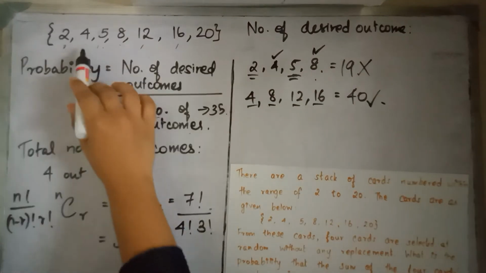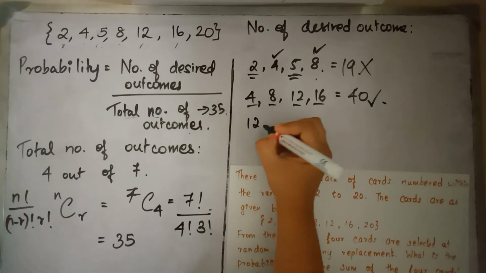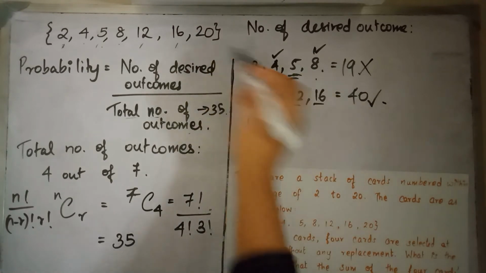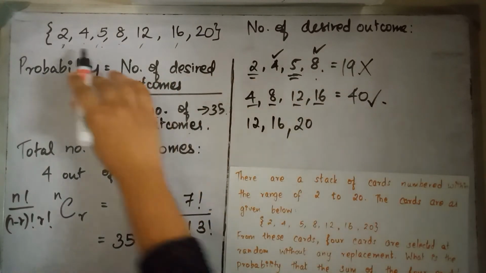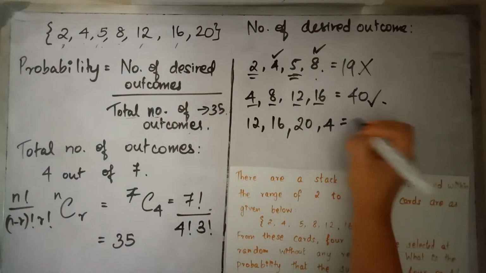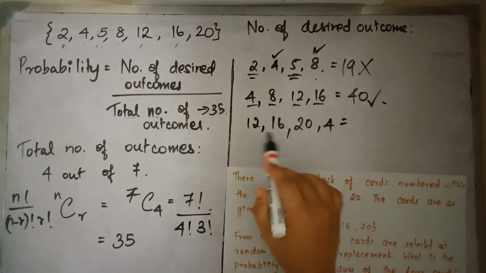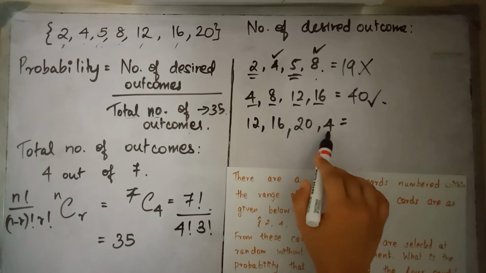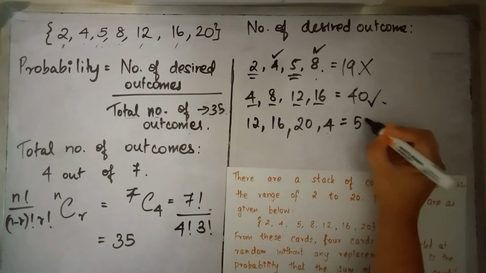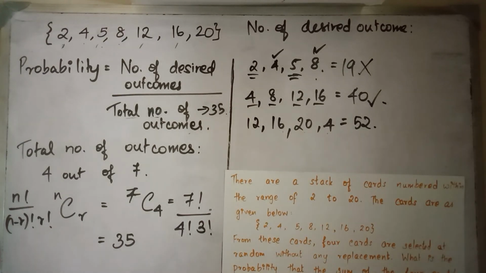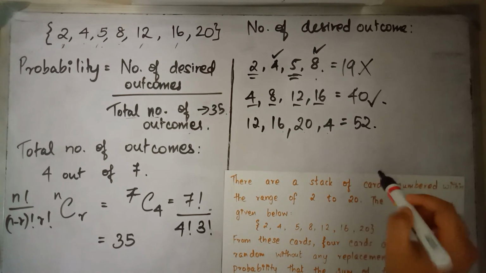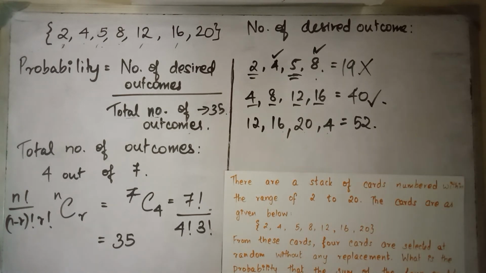I'll be taking another example to further demonstrate. 12, 16, 20 and 4. All 4 of these cards are actually divisible by 4. 36, 40, 52. Okay, so 52 is also divisible by 4. So you can notice a pattern.